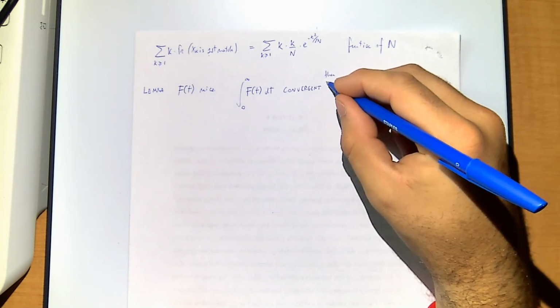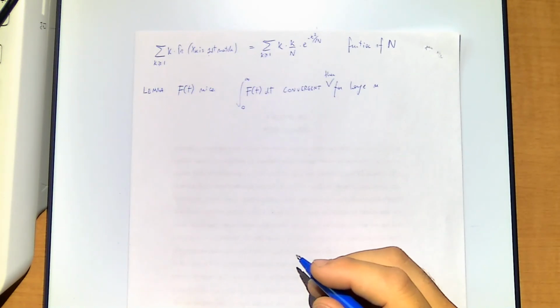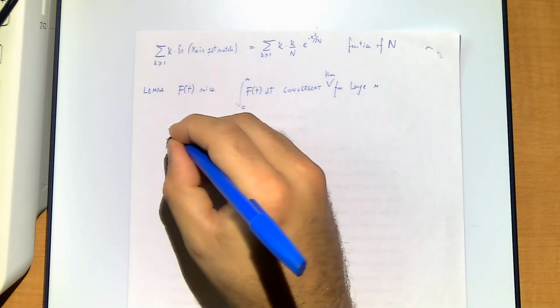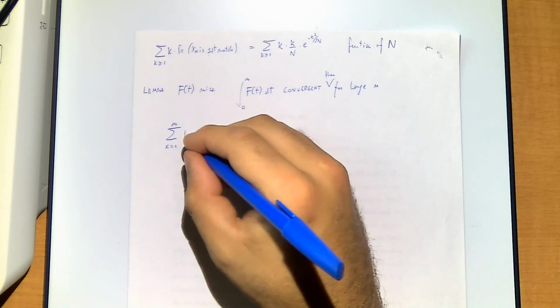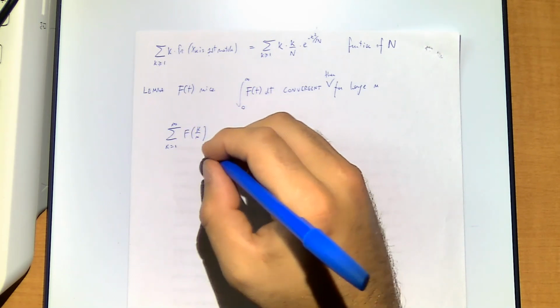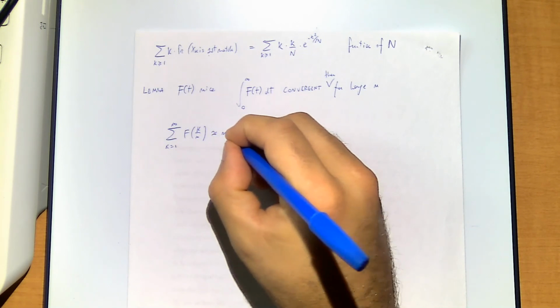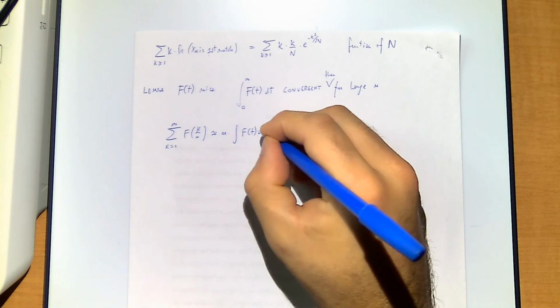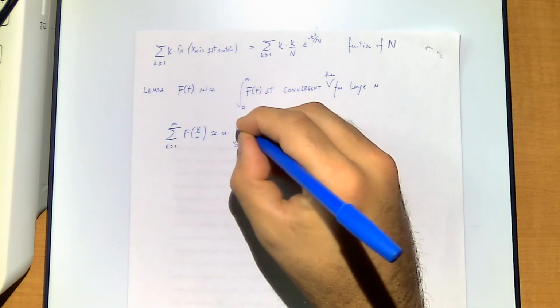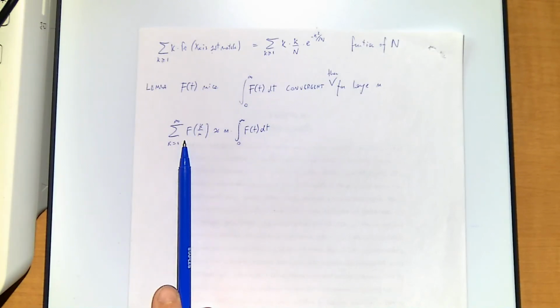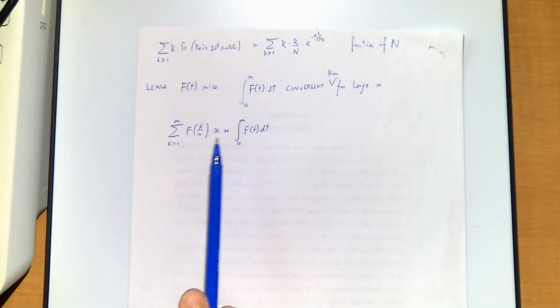Then for large n, the sum from 1 to infinity of f of k over n is approximately n times this integral. So if I sum the function at k over n, it's n times my improper integral.